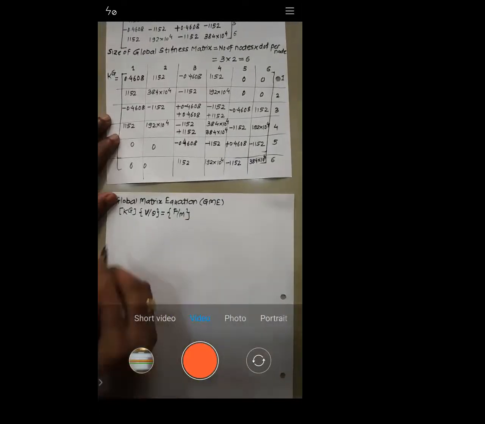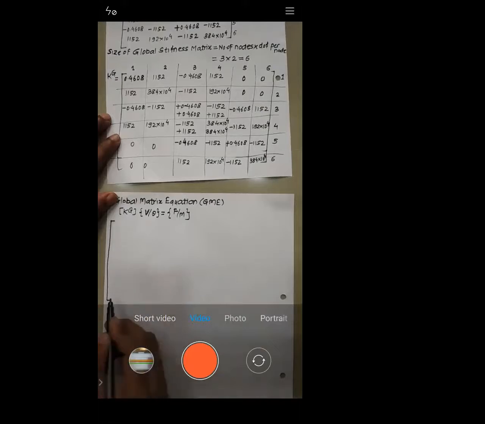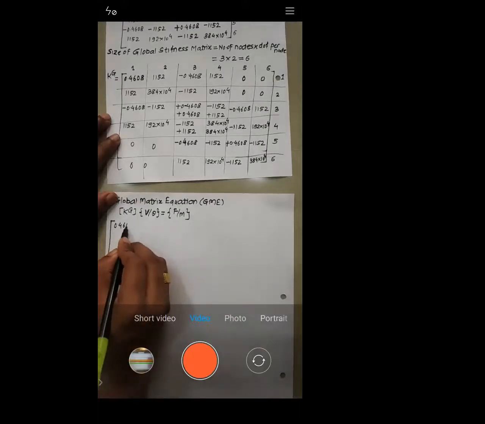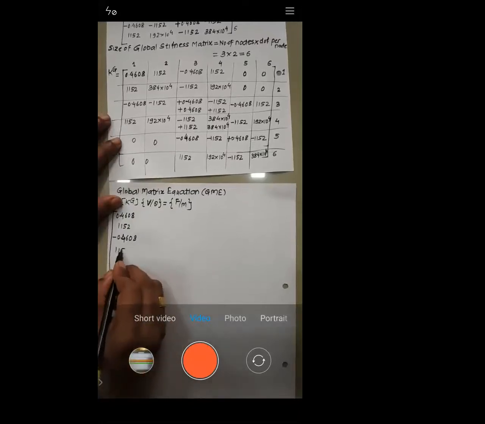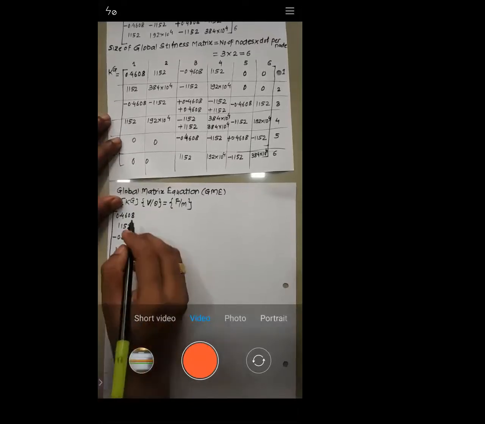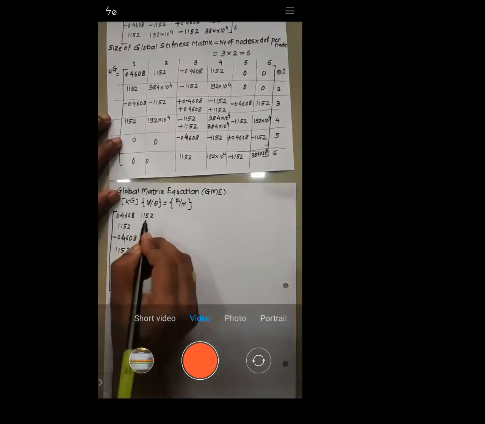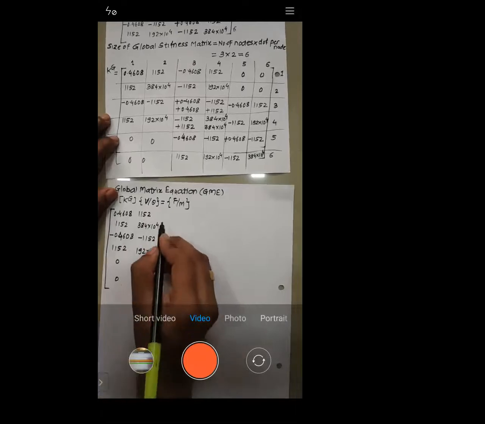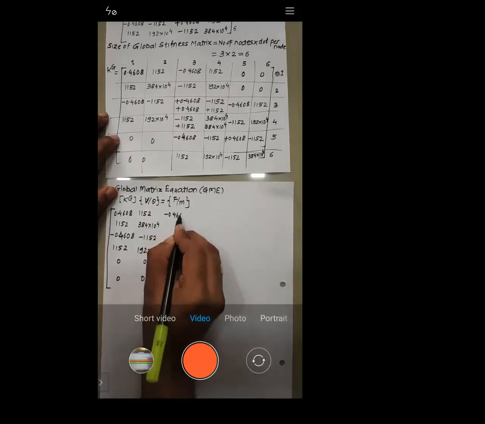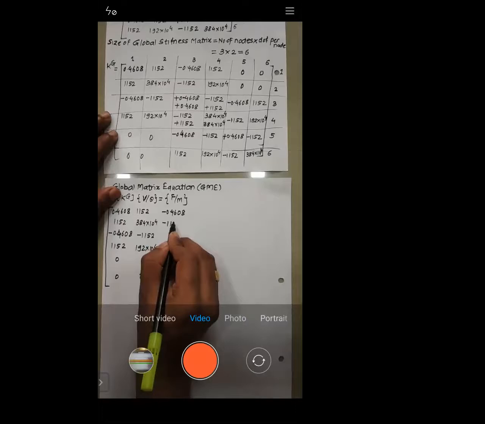So this matrix I will write down now. This is 0.4608, 1152, minus 0.4608, 1152, 0, 0, then 1152, 384 into 10 raised to power 4, minus 1152, 192 into 10 raised to power 4, then 0, 0, then minus 0.4608, then minus 1152.